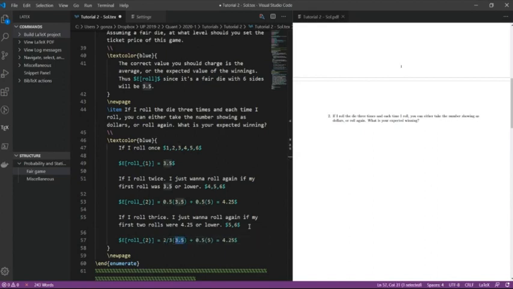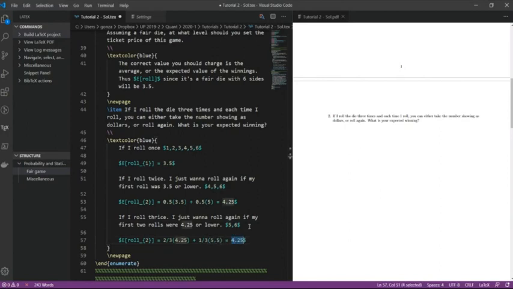So 2/3 multiplied by 4.25, and then just the rest, right? 1/3 multiplied by my subset, which now is only 5 and 6. So my expected value should be 5.5, correct?